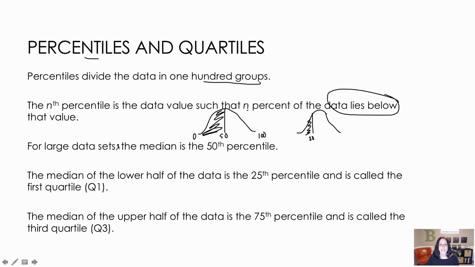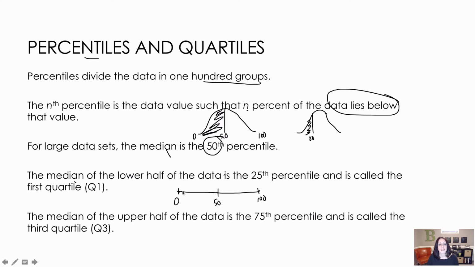So for large data sets, the median, which is our middle value, is the 50th percentile, which makes sense because we just talked about the median being the middle of the data. Here I've got my data from 0 to 100. The 50th percentile is obviously in the middle.